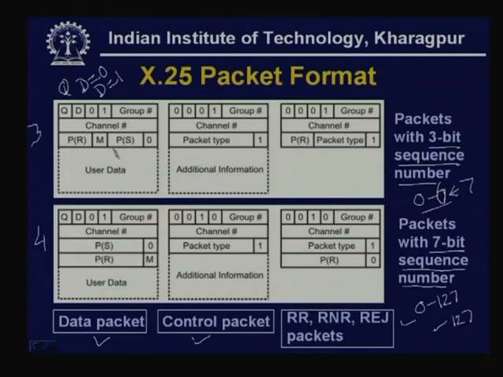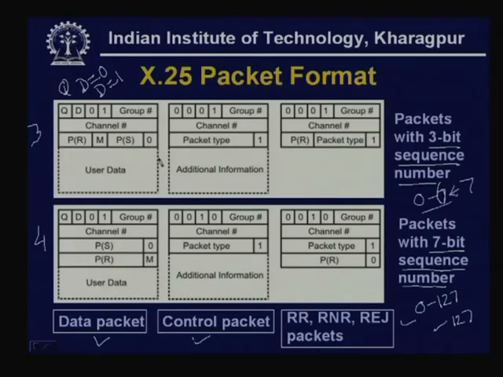PS is used as a sequence number, and PR is used essentially for acknowledgement in the piggybacked form. That means it uses piggybacked, go-back acknowledgement using a sliding window protocol, and the window size can be 7 or 128 depending on the number of bits used in the PR and PS fields.